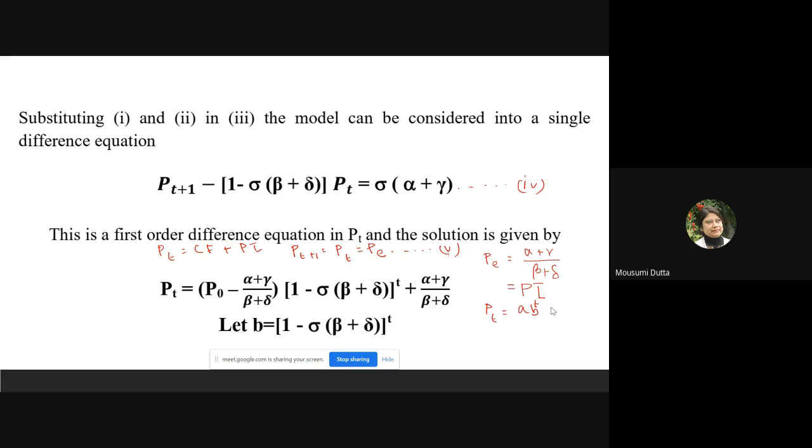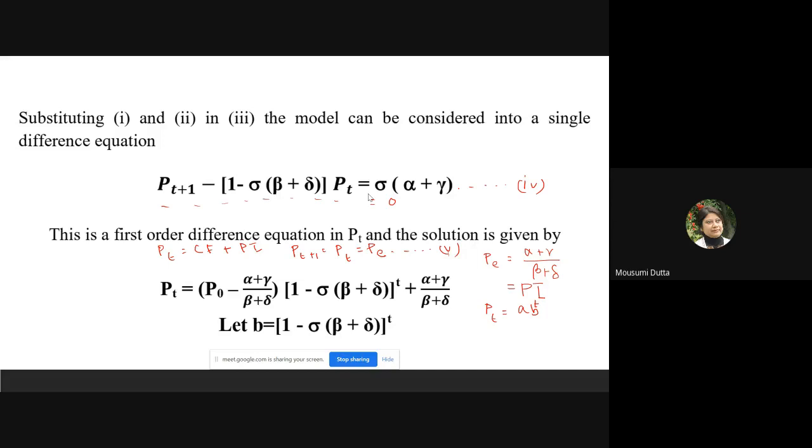So what will be the equation? The homogeneous form is given by Pt plus 1 minus (1 minus delta into beta plus 1 minus sigma into beta plus delta) Pt equal to 0. So we write the left hand side of equation number 4 and set the right hand side equal to 0.